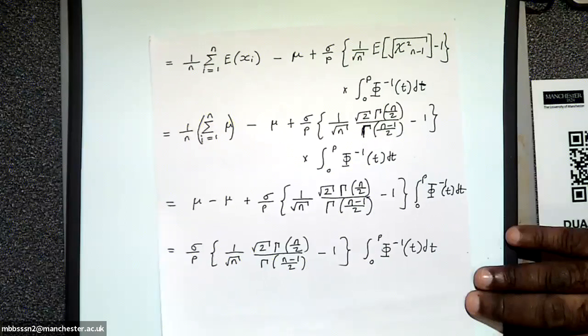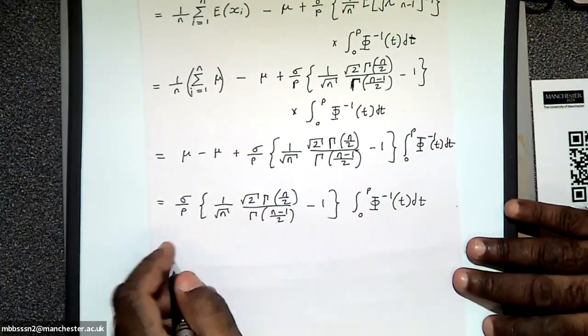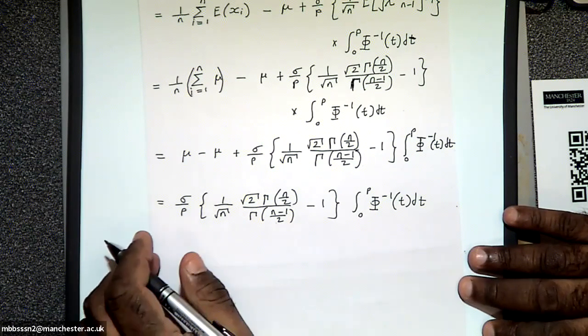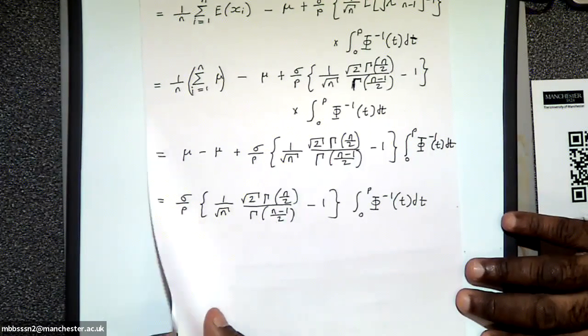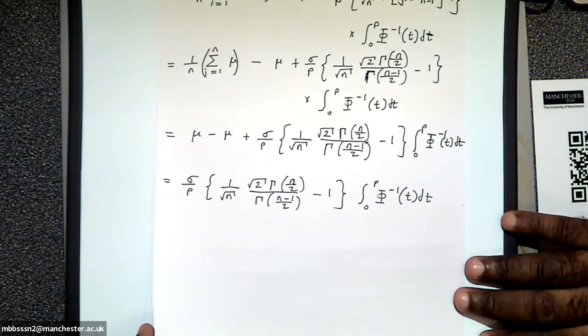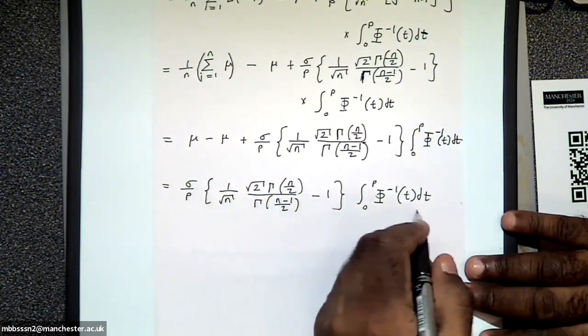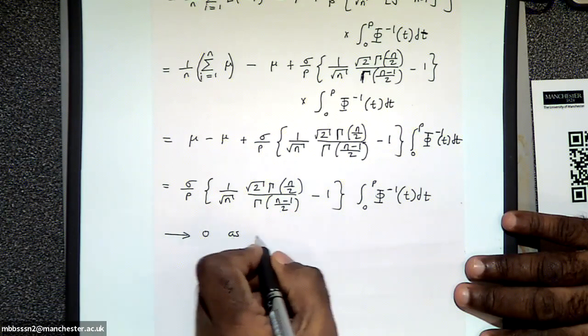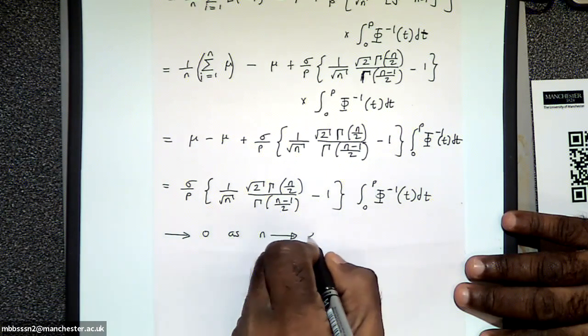All right, and it can be shown that as n goes to infinity, and again, I don't expect you to be able to prove this, but it can be proved that this expression here approaches zero as n approaches infinity.